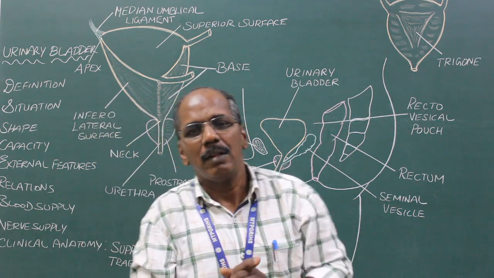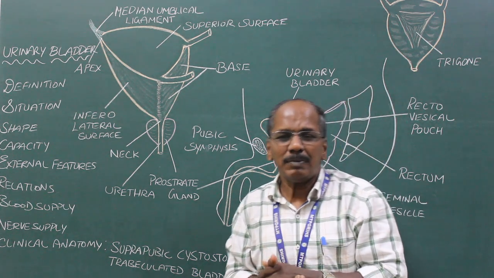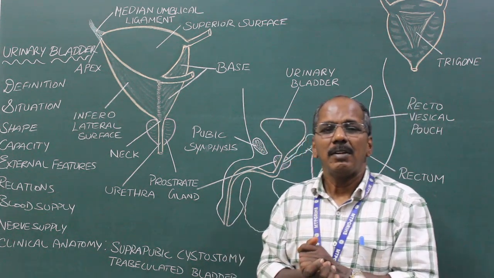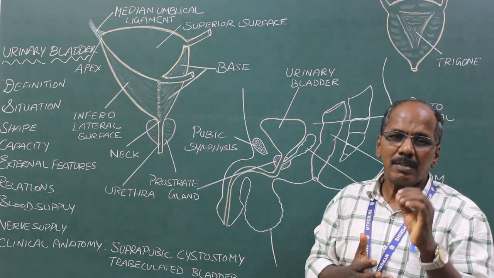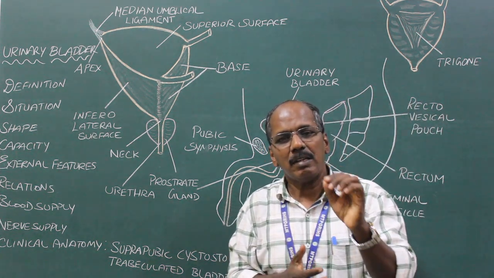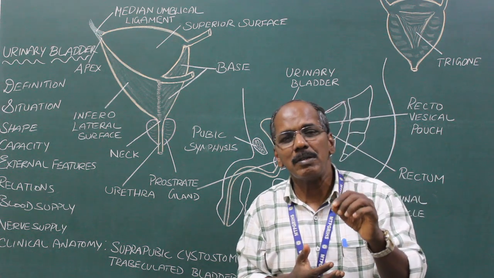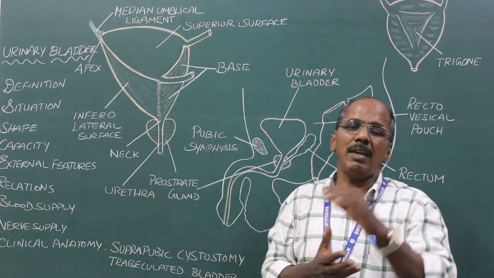Blood supply. The urinary bladder is supplied by superior and inferior vesical arteries. Venous drainage: it is drained by the vesical venous plexus, which in turn drains into the internal iliac vein.